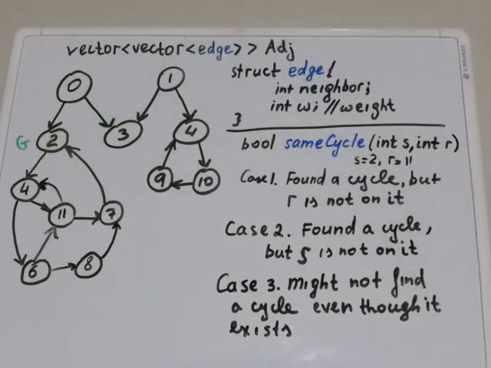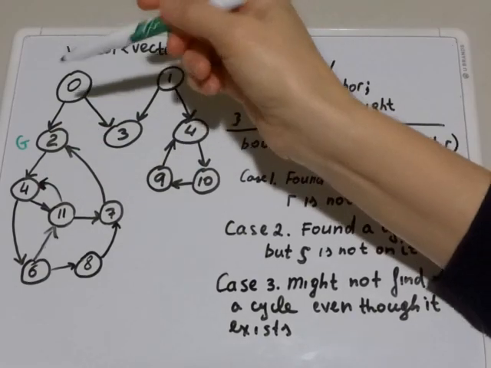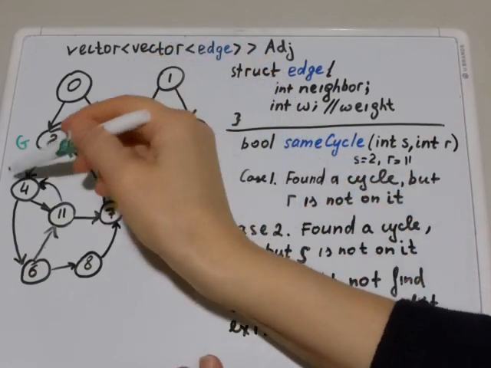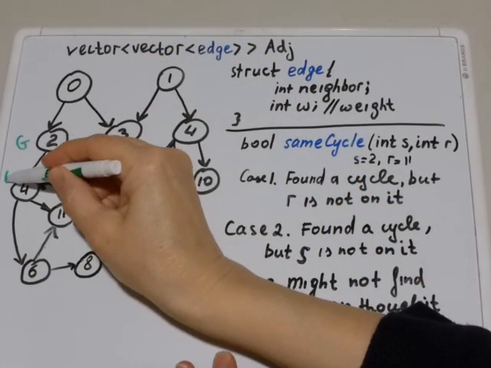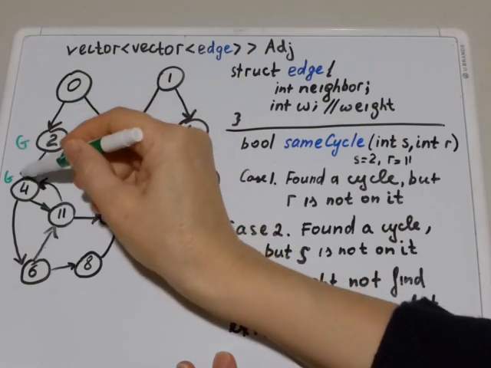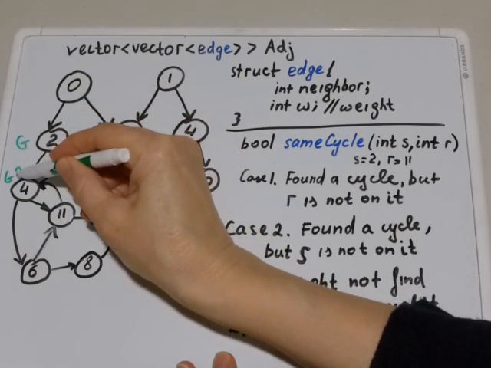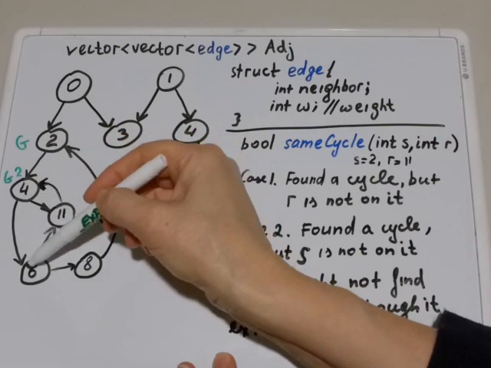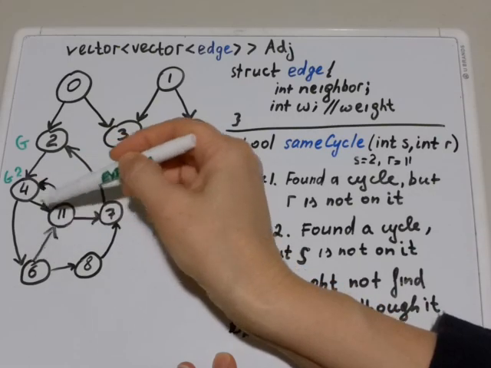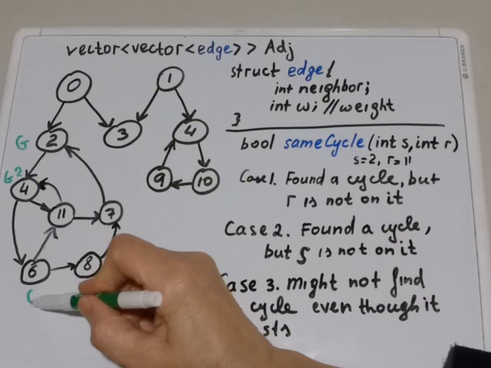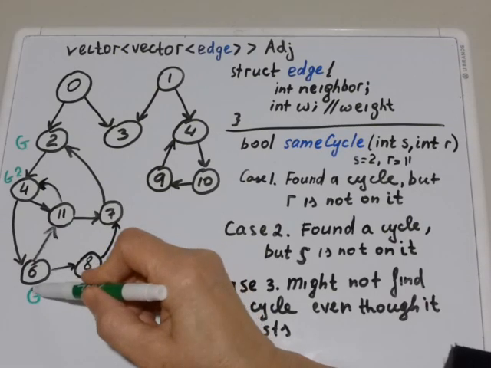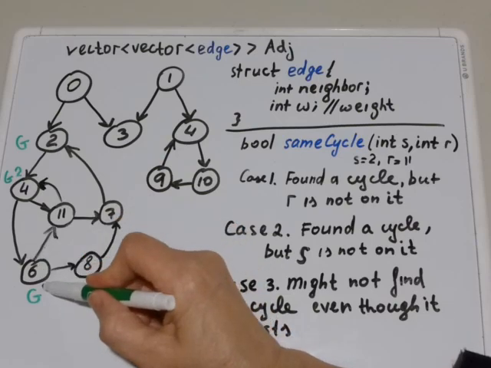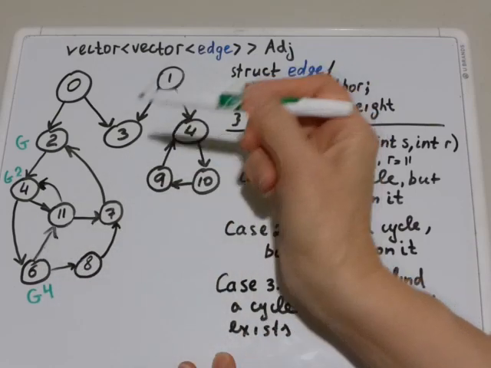So 2 has only one edge, to 4, so it will visit 4. Now 4 is green, and its parent is 2. From 4 in the adjacency list we'll visit 6 first before 11, so 6 will be set to green, and the parent of 6 will be 4 because we discovered 6 for the first time from vertex 4.